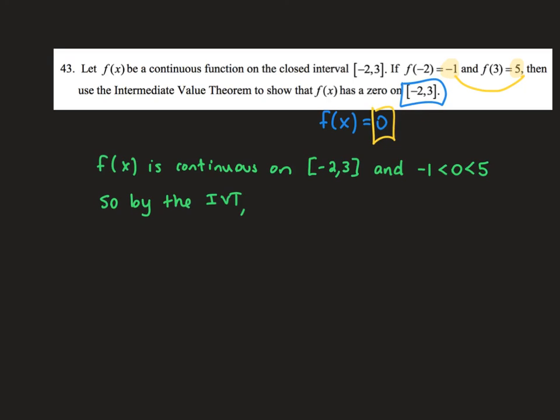And then I just draw my conclusion, which is basically just restating the question up here. So again, the important components: acknowledge that you have a continuous function, position your number in between the two given y values, mention the IVT, and then draw your conclusion, which is pretty much just restating what the original question was asking.